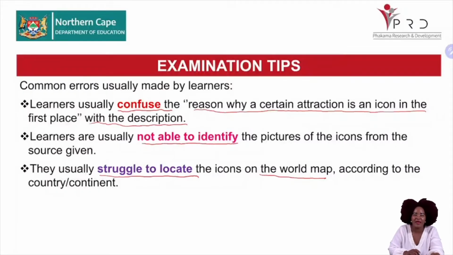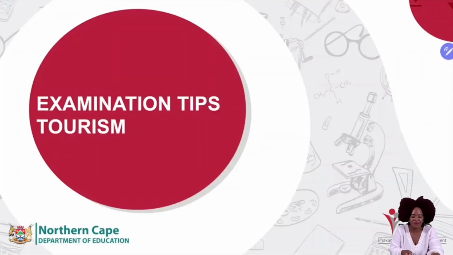Grade 12 learners, study these icons, know the location, and then take a blank world map. Try to locate them. Once you do that, you are not going to have a problem in the exam. So the class of 2024, I know it is not going to be part of these confusions or the common errors that we see here.